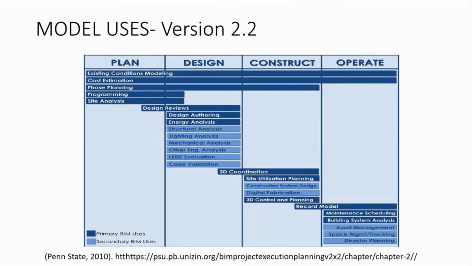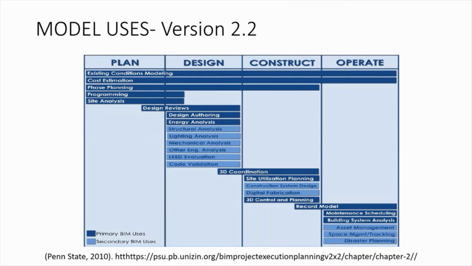Penn State further developed another BIM use version, 2.10, where they try to break down the BIM uses into primary BIM uses and secondary. Primary BIM uses can be something like cost estimation, phase planning, programming, site analysis, design authoring, and 3D coordination. The other analyses seen as secondary are mechanical analysis, lighting, structural analysis, and so on.